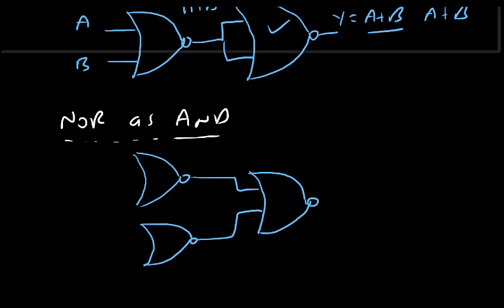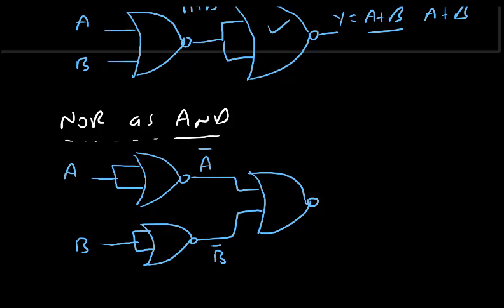This input is shorted, this input is also shorted. Suppose this is A and this is B. We have seen a shorted NOR gate works as a NOT gate, so this becomes A bar, this becomes B bar. Now what about the output?